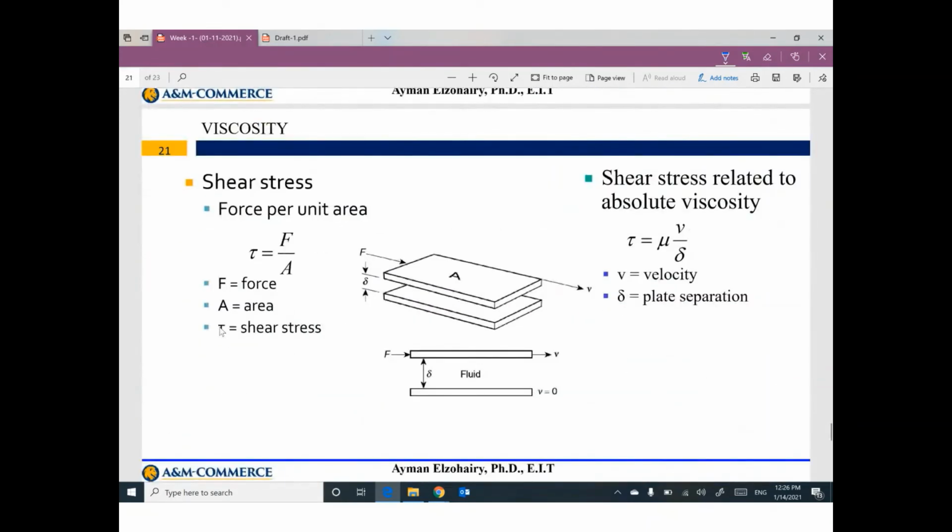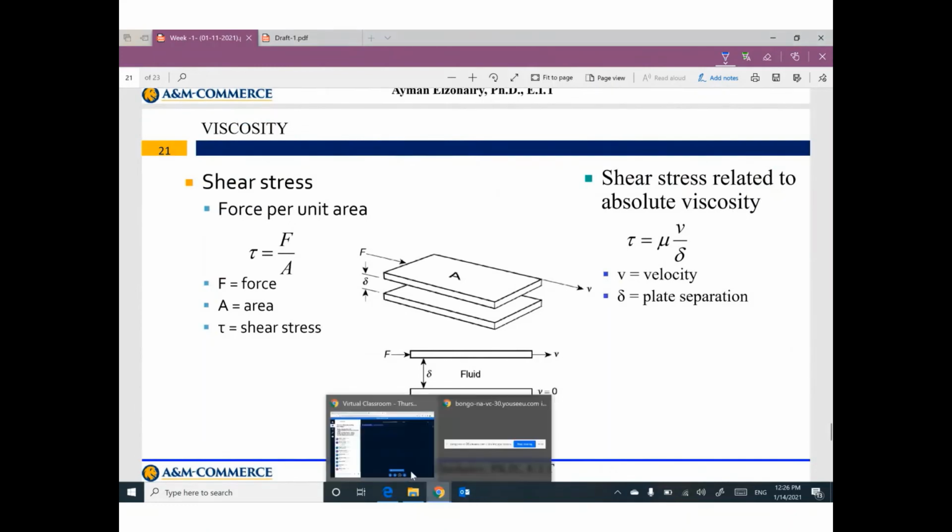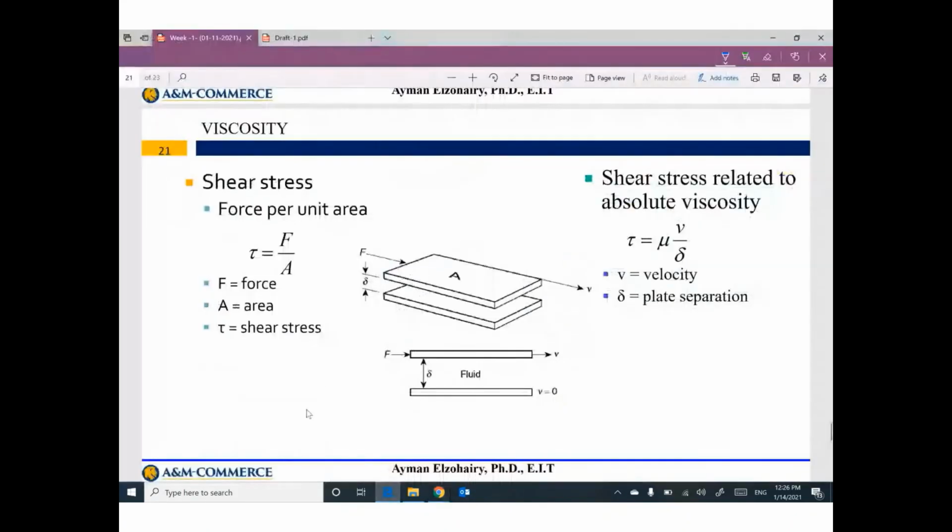We have an experiment here. If you have two plates, plate number 1 and plate number 2, and we have a liquid in between the two plates, the distance between plate number 1 and plate number 2 is delta.